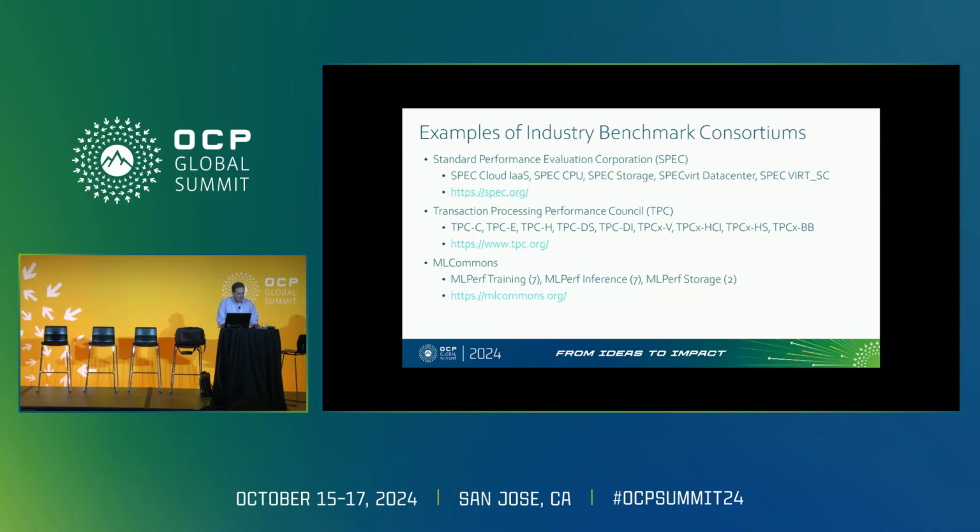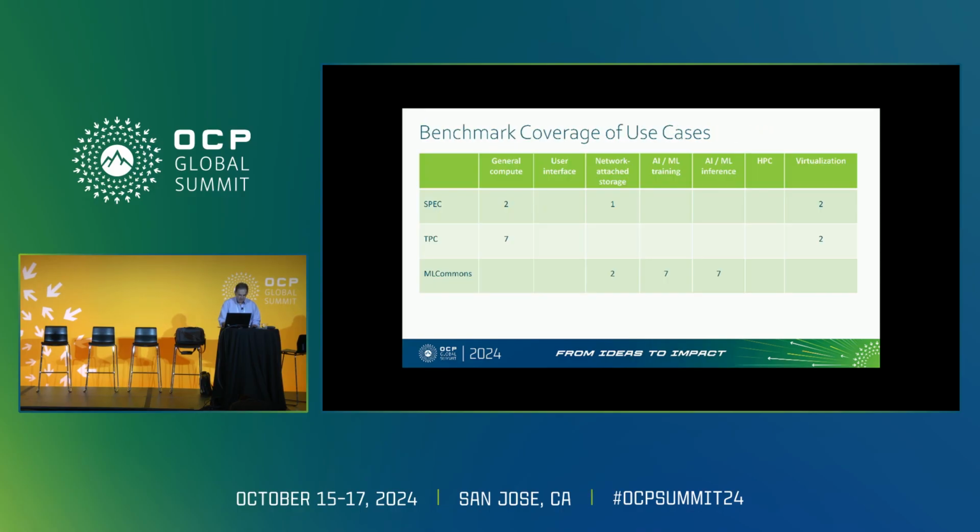Here are some examples of industry benchmark consortiums that we believe meet the criteria on the previous slide. For each of the 3 consortiums listed, we specify a list of benchmarking test suites that measure relevant data center workloads. Here, we map the various benchmarking test suites from the previous slide into the 6 use case profiles that we have already identified.